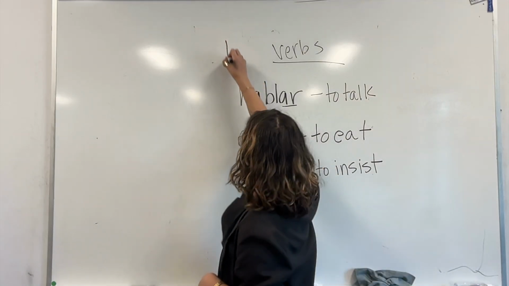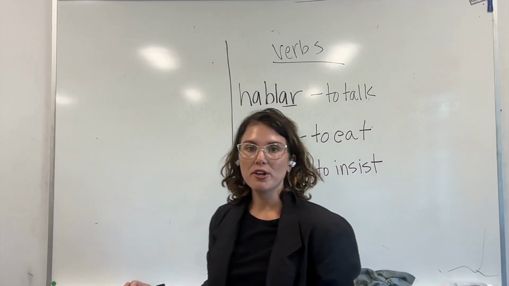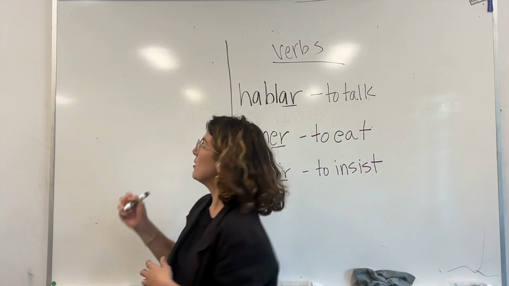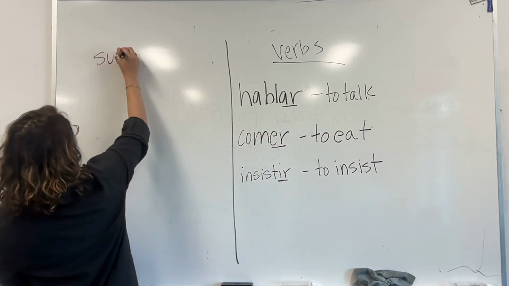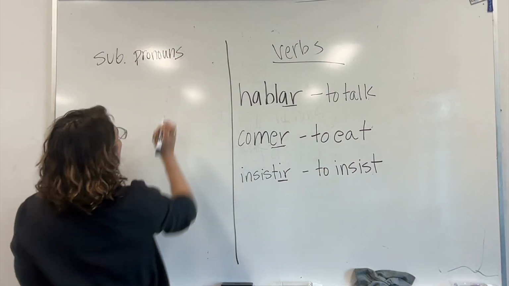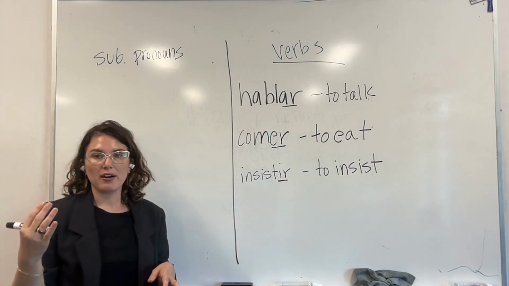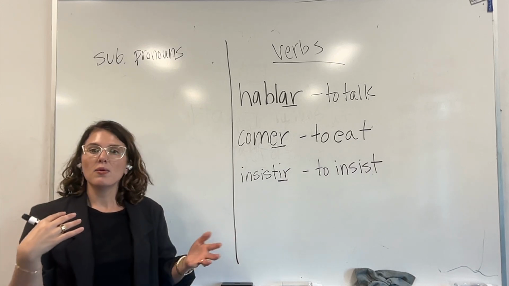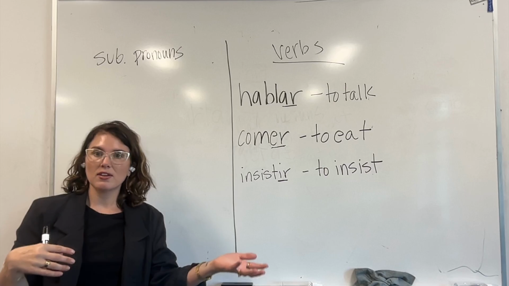All right, this brings us to the other important grammatical feature that we need when we're talking about verbs and changing them, which is subject pronouns. Some people are like, oh, what's a pronoun? Well, you might ask someone, what are your pronouns?